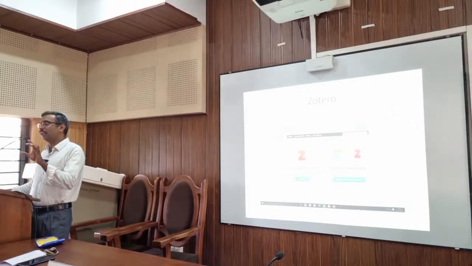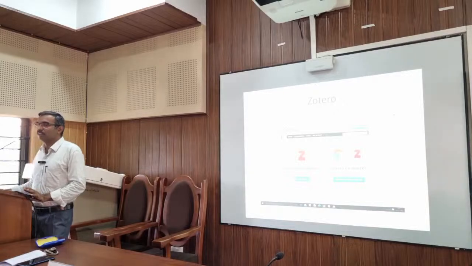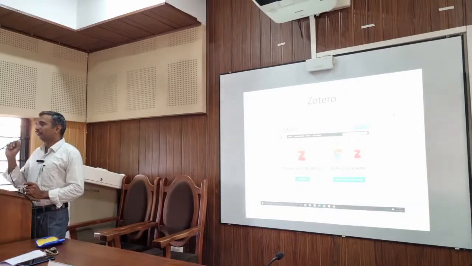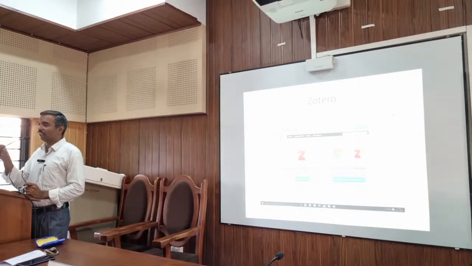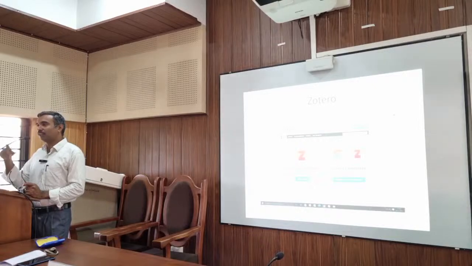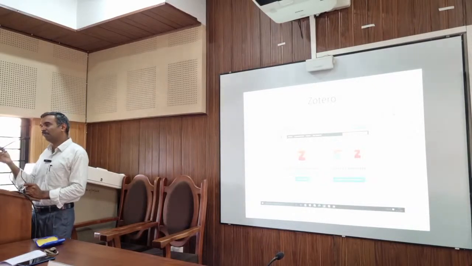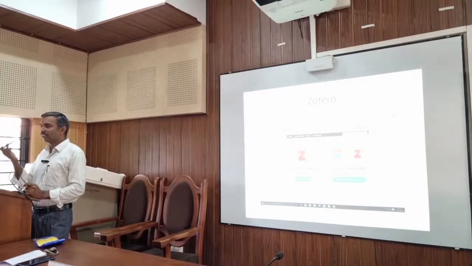Also, we can incorporate Zotero into Word. So, while installing the software, you should remember first install Zotero, then install the connector to the browser, and the third step, connect it to our Word or writing software.